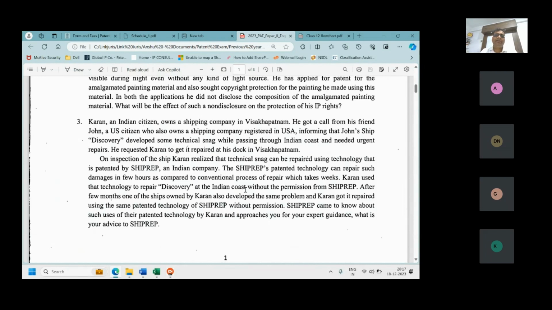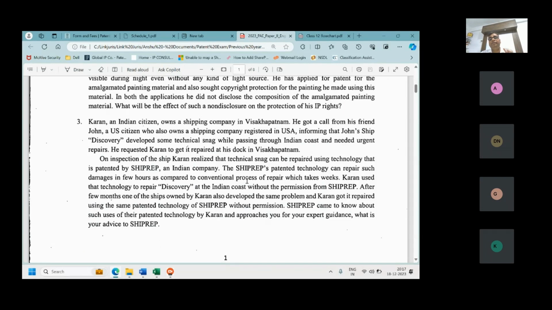So the first thing which is very clear is that Section 49 is not applying to the actions of Karan when he is repairing his own ships, because the section clearly says foreign vessels, aircraft and land vehicles owned by persons who are not ordinarily resident in India. So it is very clear that Karan has infringed. So half the question is answered.